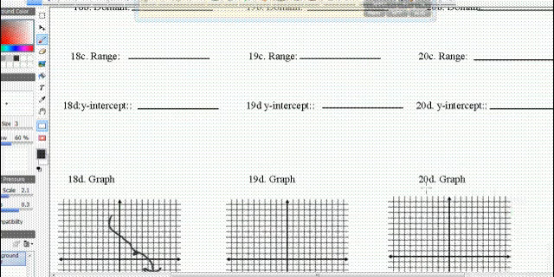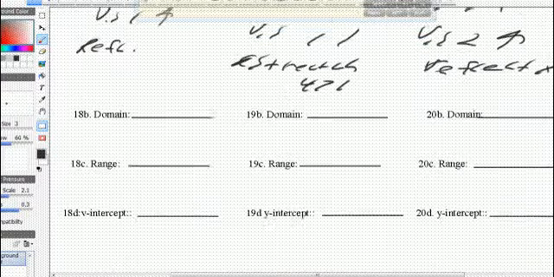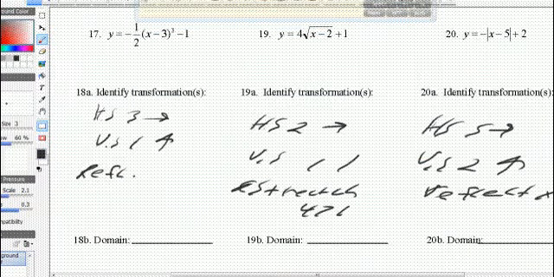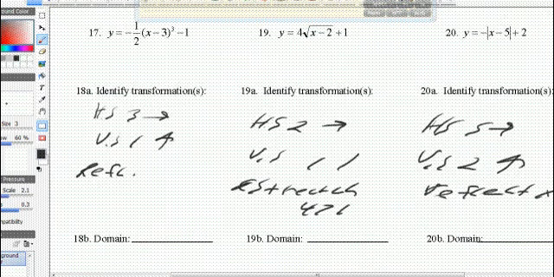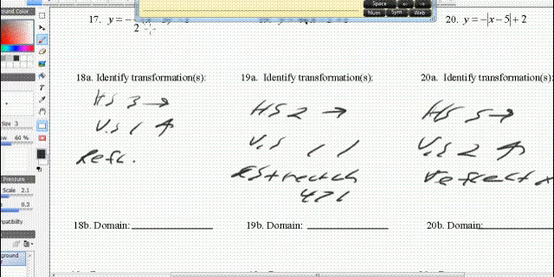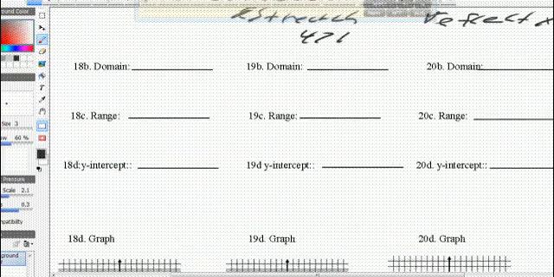So my domain has to be what? All real numbers. Don't forget to find that y-intercept. Plug in a 0. That gives me 27 halves, 13 and a half. So that y-intercept is 14 and a half.